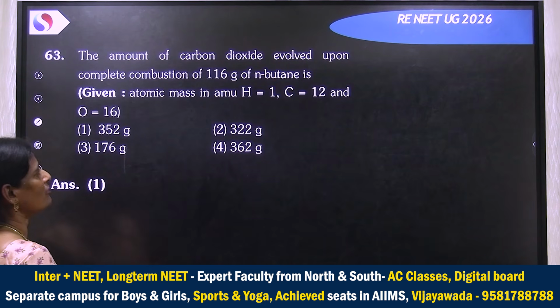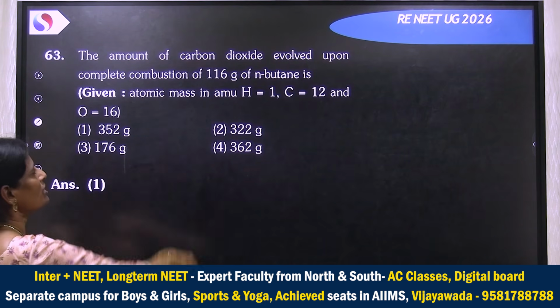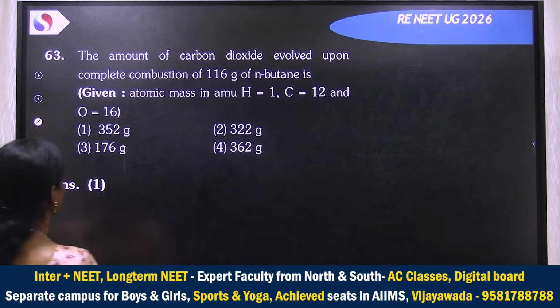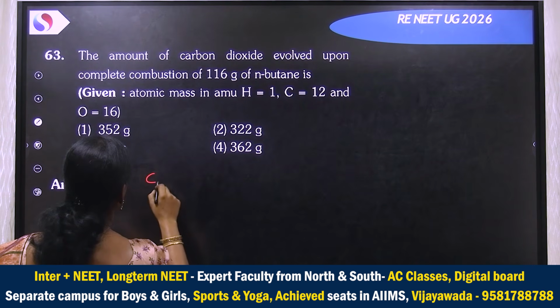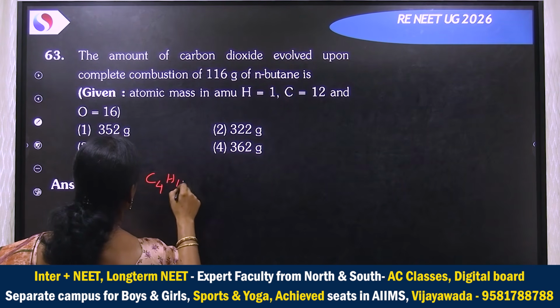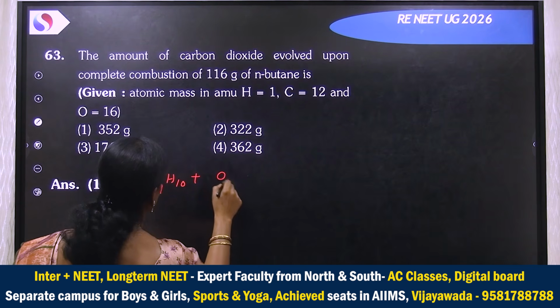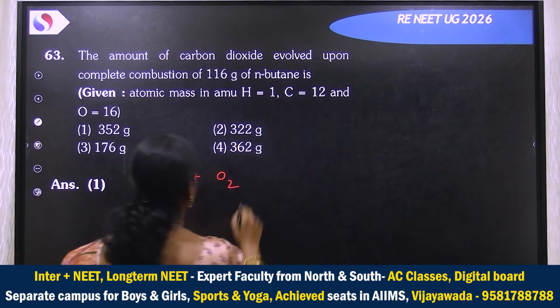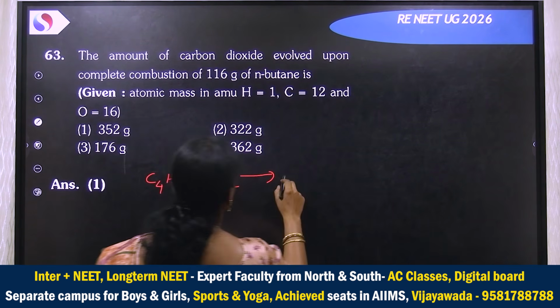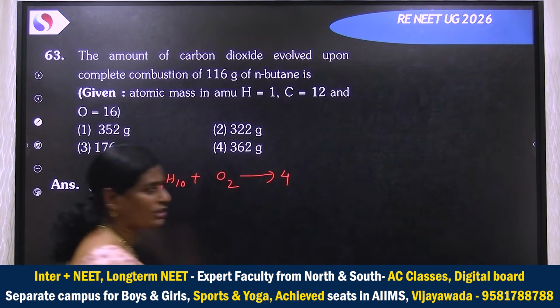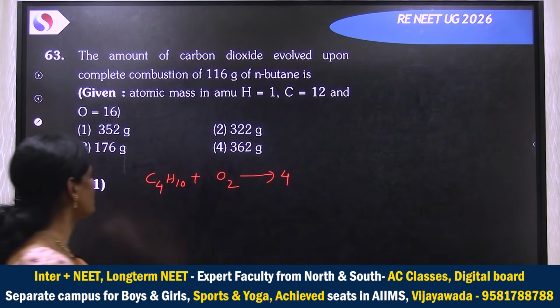So first we have to write the combustion equation of n-butane. The molecular formula of n-butane is C4H10. Combustion means it reacts with oxygen and gives carbon dioxide. On combustion of any hydrocarbon, it gives carbon dioxide and water.